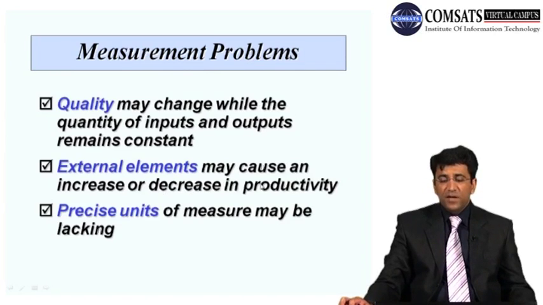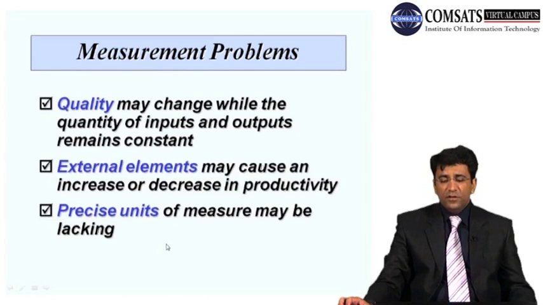Then external elements may also cause an increase or decrease in productivity. Now we are taking into account the different inputs as our denominator, but there may be other factors which can contribute towards productivity. So we'll have to take into account what external elements can affect our productivity.